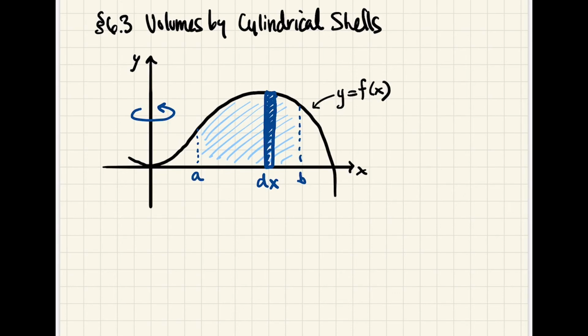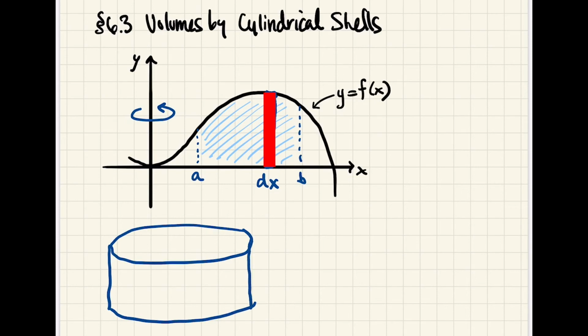However, if we insist on integrating this with respect to x, and we should, think about what shape would emerge if we rotate this rectangle around the y-axis. It's not going to be a disk or a washer. It's going to be what's called a shell, a cylindrical shell.